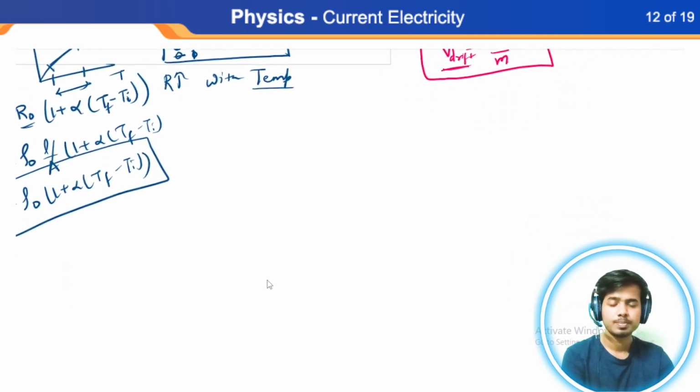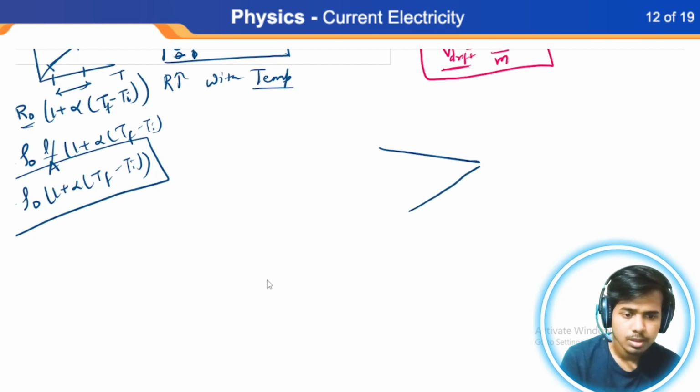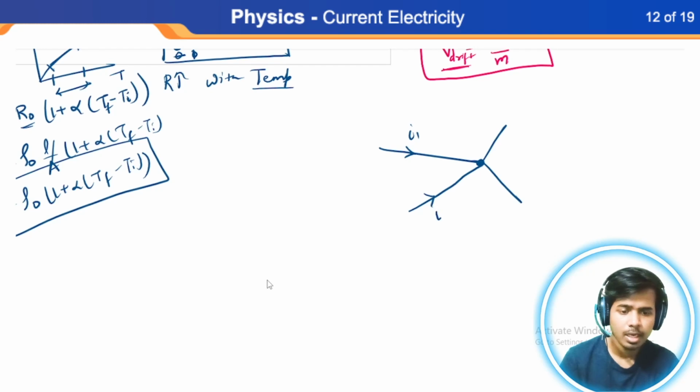Those laws are, let's say, first of all, ये एक पॉइंट है जहां से मे बी 3 या 4 वायर निकल रहे हैं. इधर से करंट आ रहा है I1, इधर से करंट आ रहा है I2, इधर से करंट जा रहा है I3, और इधर से भी करंट I4 जा रहा है.